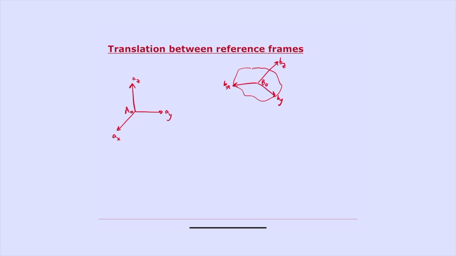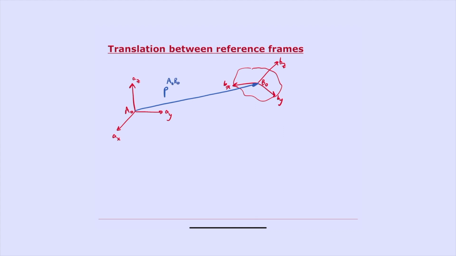Now, what is the translation between frame A and frame B? More precisely, we want to know, for instance, what is the location of BO expressed with respect to frame A? As a vector, that looks like this vector here, a vector from AO to BO. Let's call that P superscript AOBO.